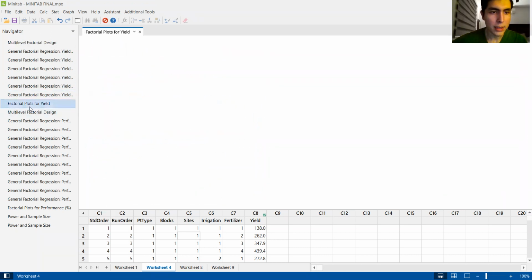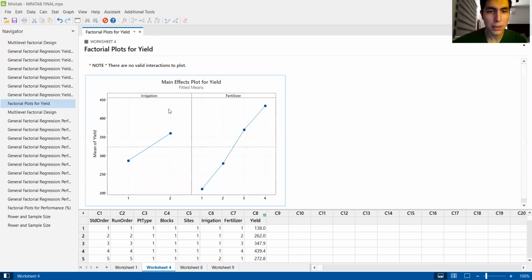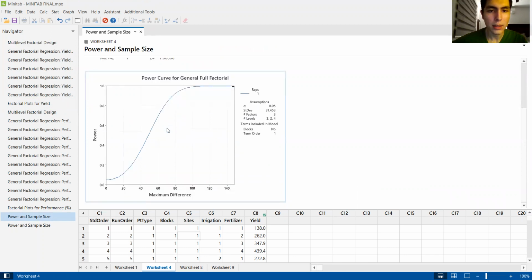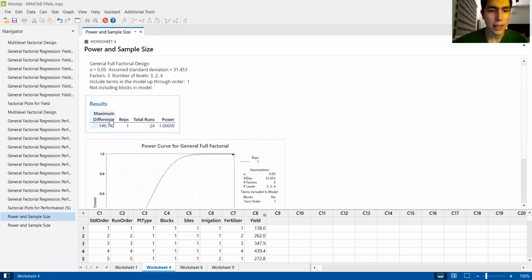After that, I did the factorial plots for yield. Here we have the main effect plots for yield, for irrigation and fertilizer. And finally, what I did is the power analysis. For the power analysis, I input a maximum difference of the means.